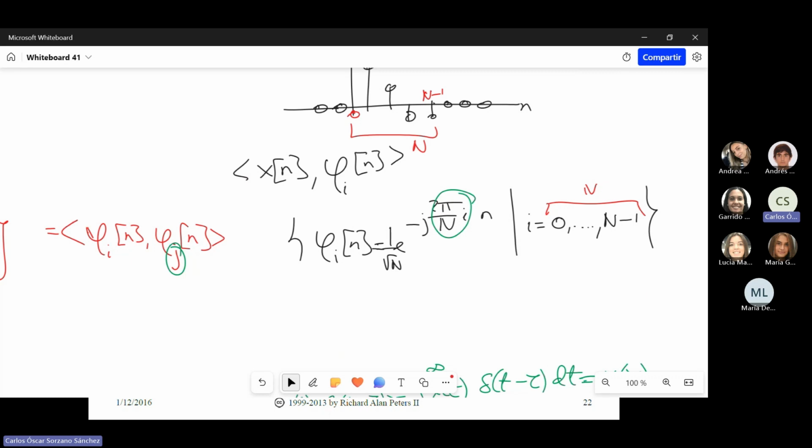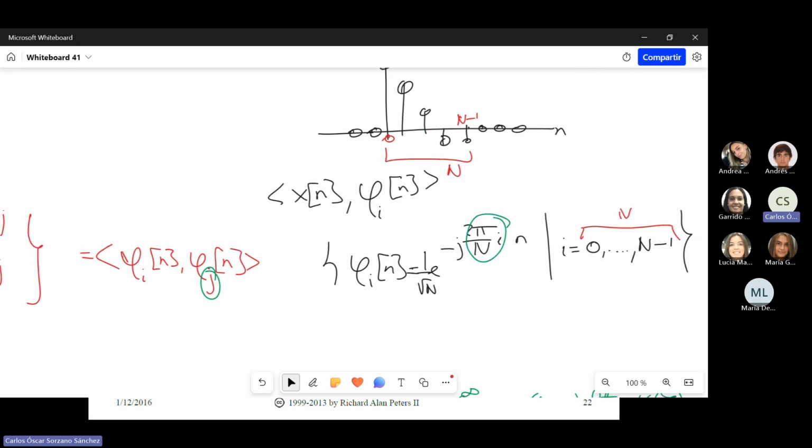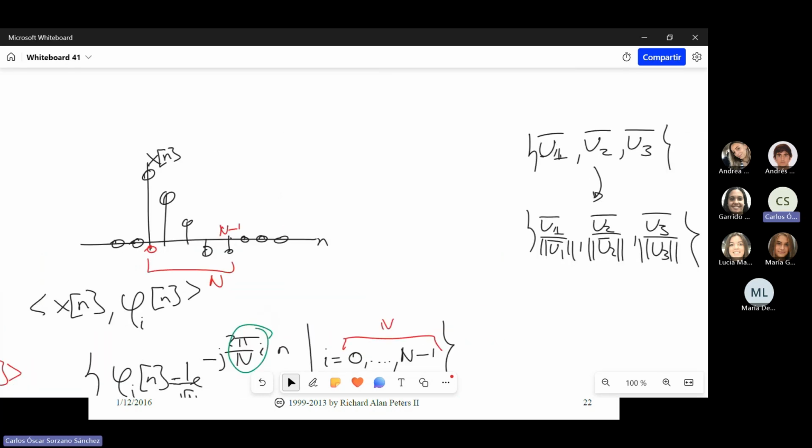There is no intersection between them. And if you take two waves that are the same, so i and j are the same number, then the product is 1. But to be 1, you need this 1 over the square root of L, which we know where it is coming from. It is this norm, just to make it unit.